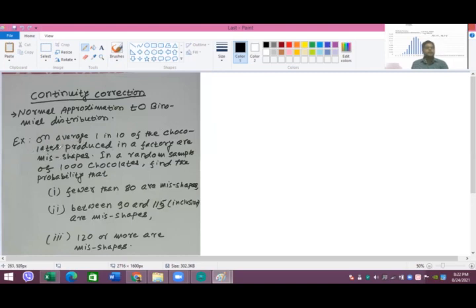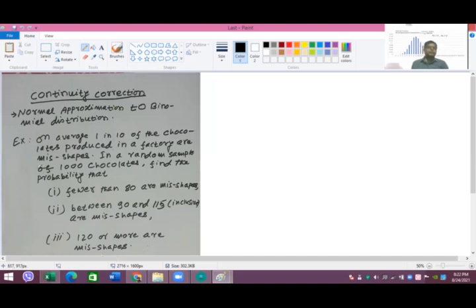The question says that on average 1 in 10 of the chocolates produced in a factory are misshaped. In a random sample of 1000 chocolates, find the probability that fewer than 80 are misshapes, between 90 and 115 inclusive are misshapes, and lastly 20 or more are misshapes.